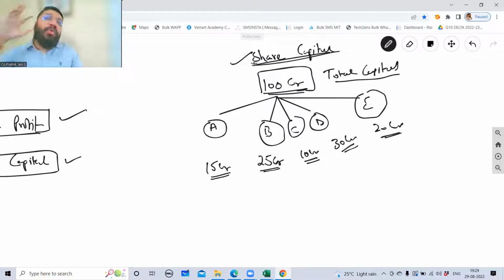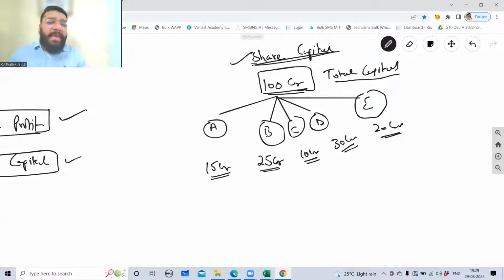In the second case, if you don't want your share of profit to be equal to your share of capital, you can have your own share of profit. Let's suppose these are the capital contributions by 5 partners, but they can still choose to have equal distribution of profit, 1:1:1:1:1. Clear? So in partnership, we had 2 options, but here you cannot have a different profit sharing ratio because your profit sharing ratio is 100% linked to your capital contribution.